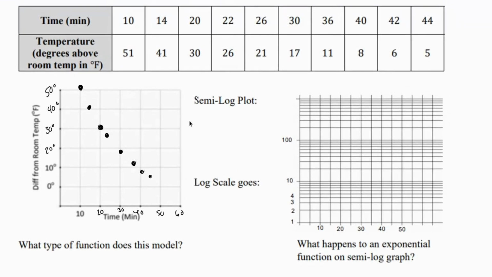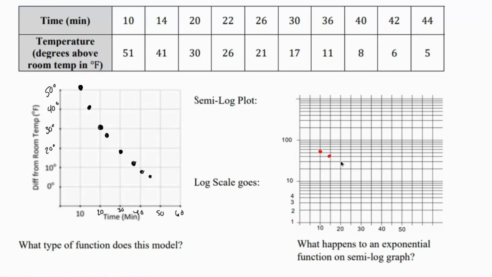Okay, so here's 10. 51 would be, here's 10, 20, 30, 40, 50, so 51 would be right around here. 14 is going to be right around here. 41, so 10, 20, 30, 41, right around there. 20, 30, so 10, 20, 30.